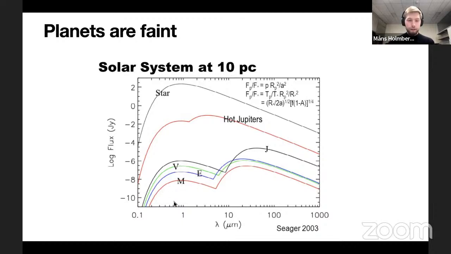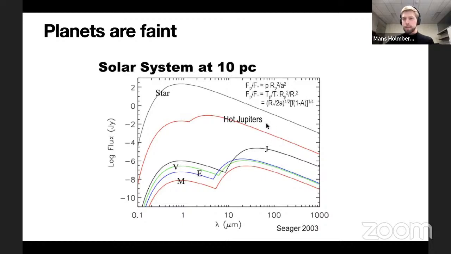So if you look in the visible, sorry for the technical plot, but if you look in the visible light over here, then these are the solar system planets. If you compare this to a star, you can see that this is a difference of many orders of magnitude. So it's very, very difficult. It can be a contrast of a million or a billion even.